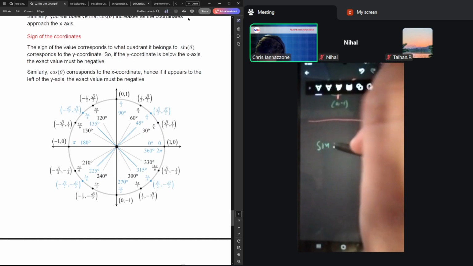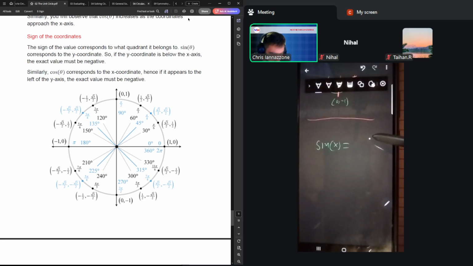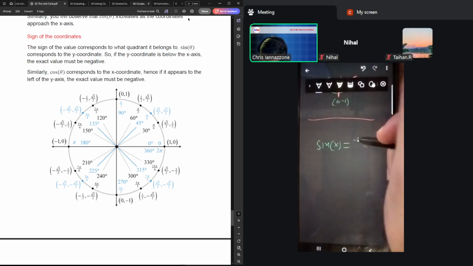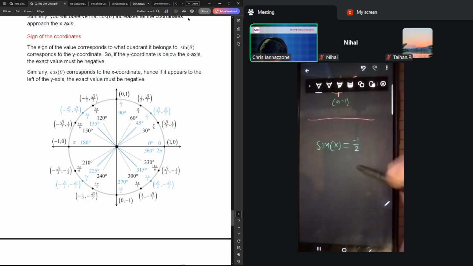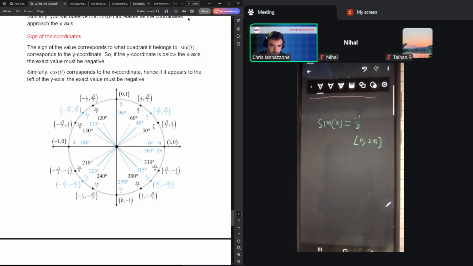We'll do sine of x, because that's the question we're trying to do. And let's say -1/2. We'll do that from 0 to 2 pi. What are all the x, so angles, that give us sine equals -1/2? Got the unit circle on a screen share if you want to refer to that as well.